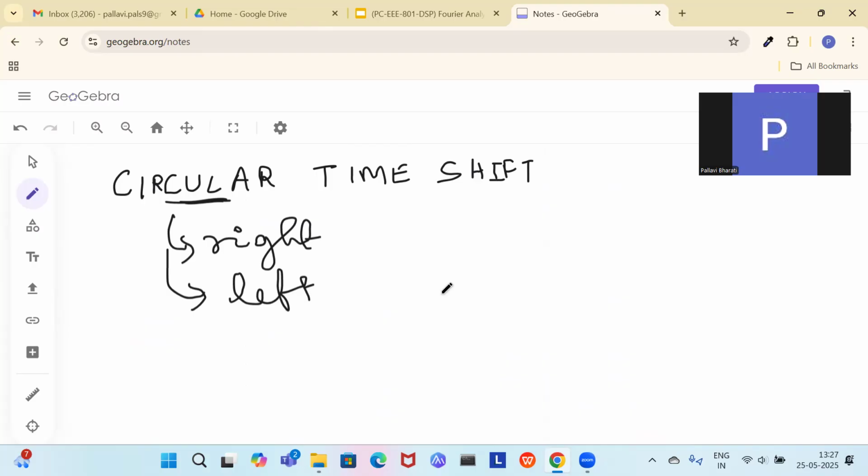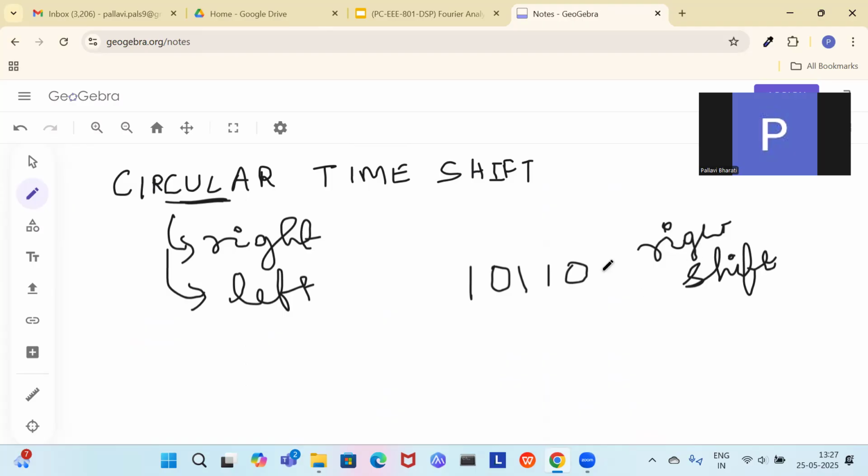So suppose I have a value, say 1, 0, 1, 1, 0. Now I want to right shift it. Two types of shifting are there.